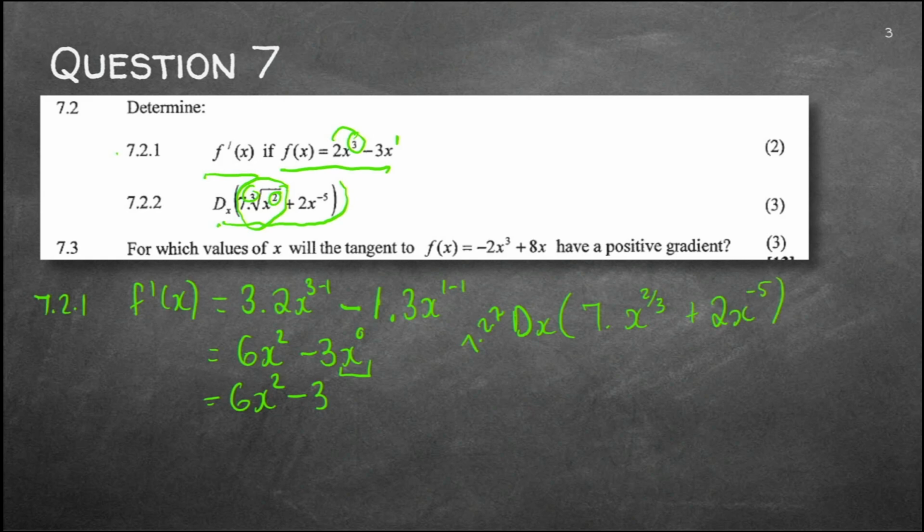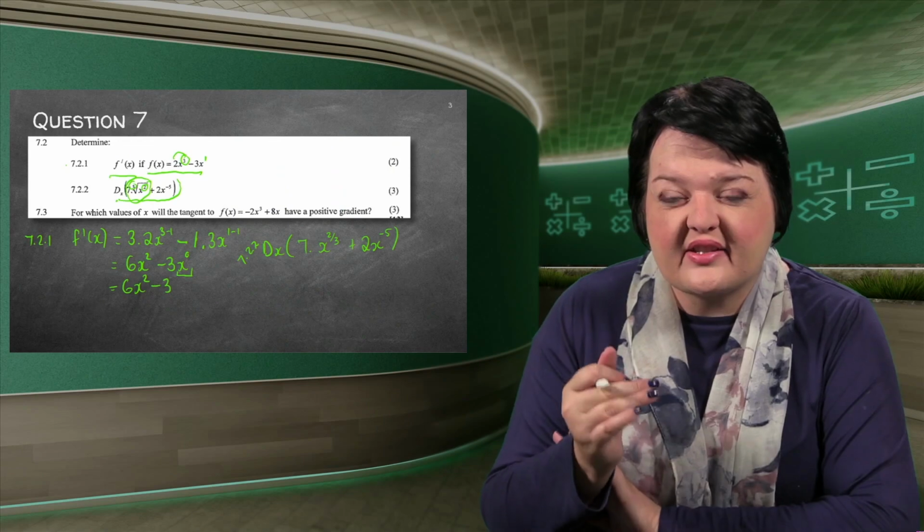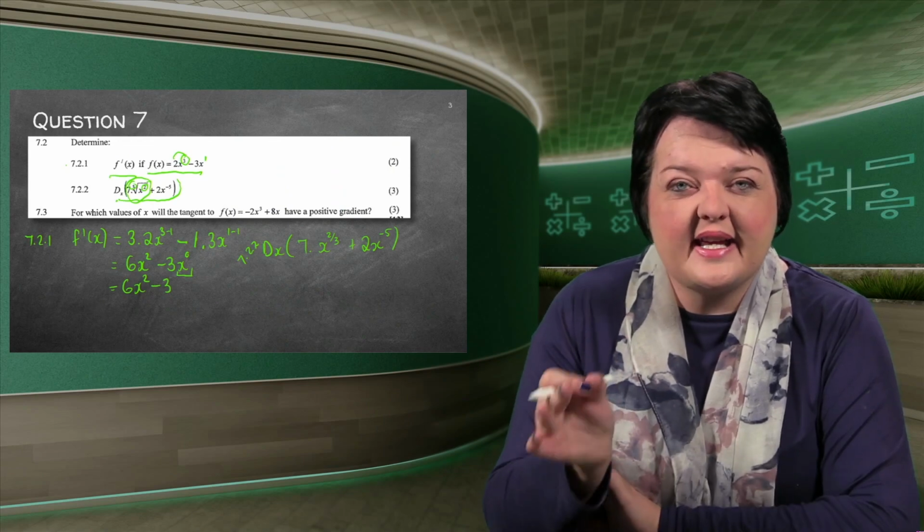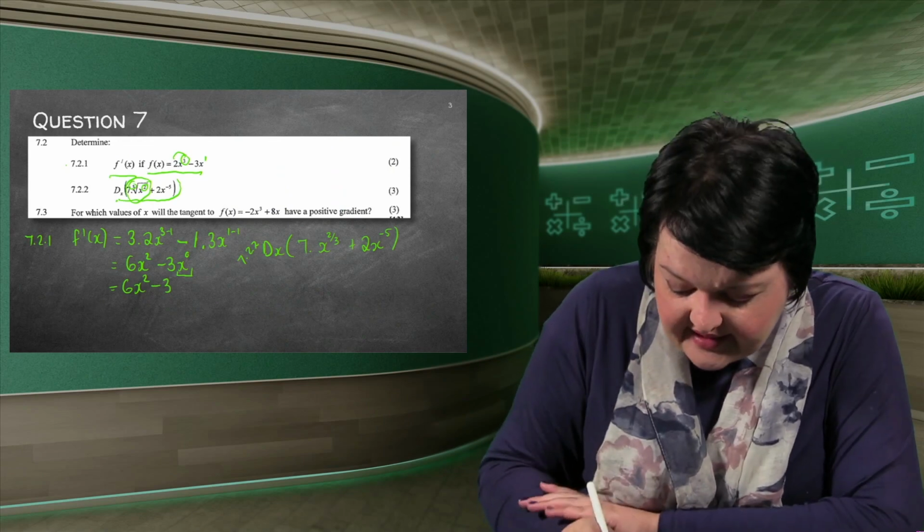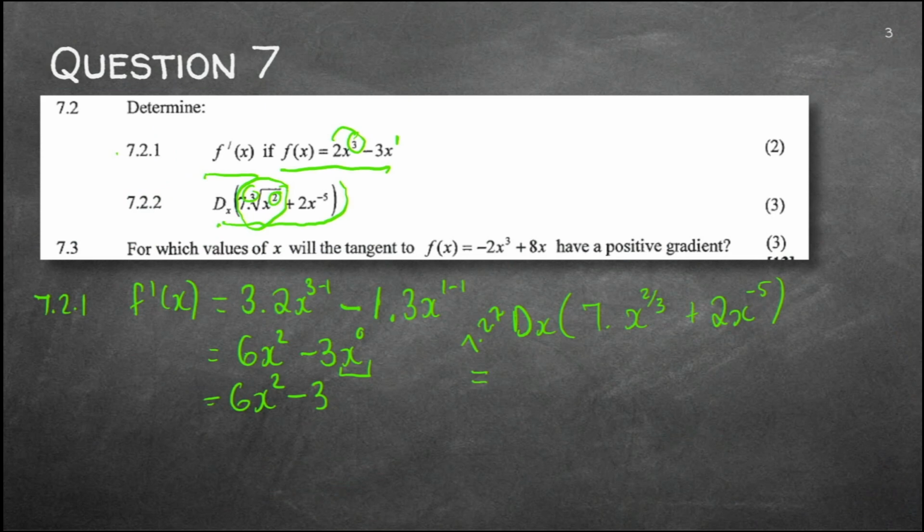Now this is in the correct format. As soon as I start differentiating, taking the exponent to the front, the dx will fall away. So it would be 2 over 3 times 7x to the power of 2 over 3 minus 1 plus negative 5 times 2x to the power of negative 5 minus 1. Always take it to the front.